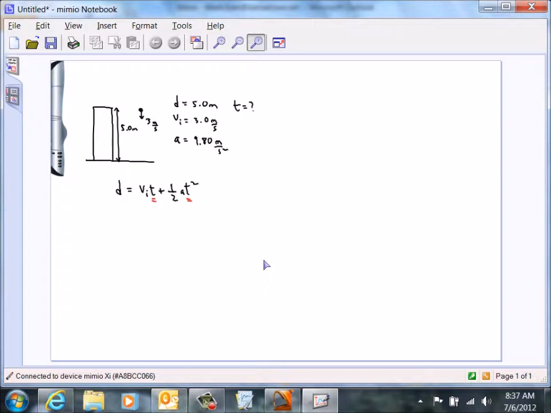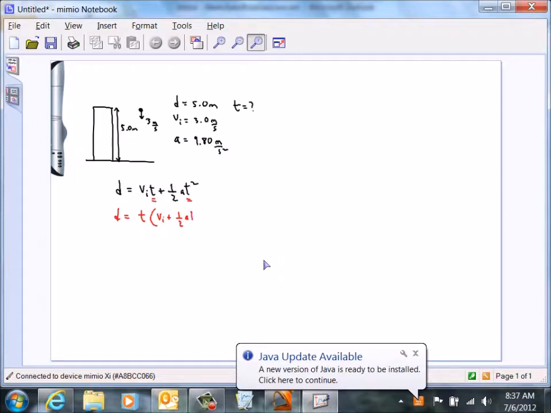So maybe the first thing you think of is possibly factoring out the time. I mean, that worked in the past when we had the unknown at 2 different places. So let's give that a try. We'd have t times the quantity vi plus 1/2 a times t to the first power.